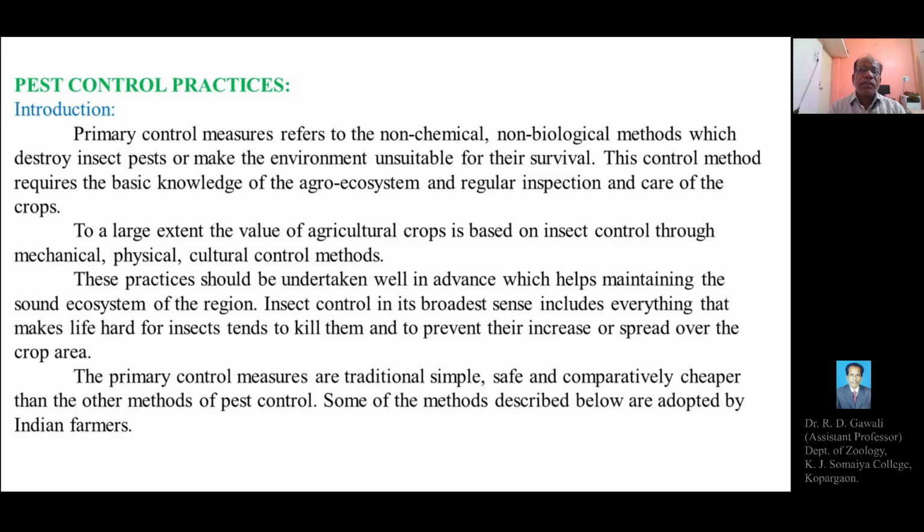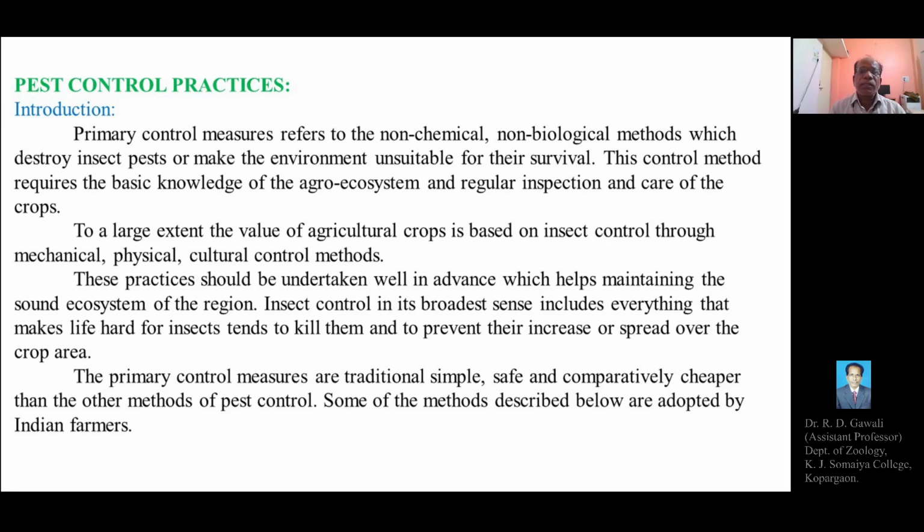These practices should be undertaken well in advance, which helps in maintaining the sound ecosystem of the region. Insect control, in its broadest sense, includes everything that makes life hard for insects and tends to kill them, and to prevent their increase in number or spread over the crop area.